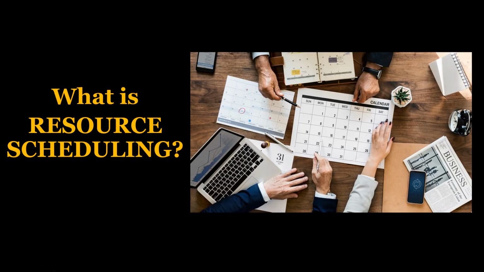So before you can assign resources to your project, you need to know their availability. Resource availability includes information about what resources you can use on your project, when they're available to you, and the conditions of their availability. Okay, so scheduling resources can be a complicated and time-consuming process, but it's also a crucial piece of the puzzle when it comes to getting the project done.